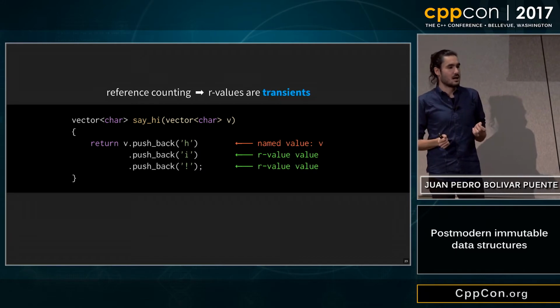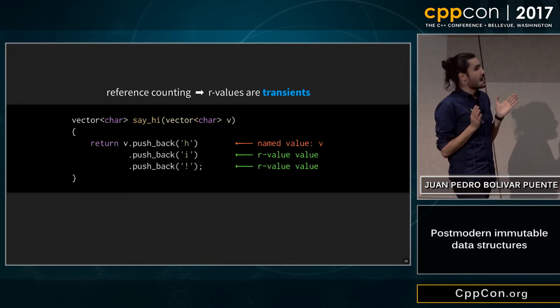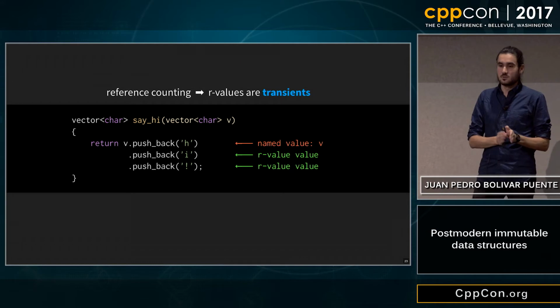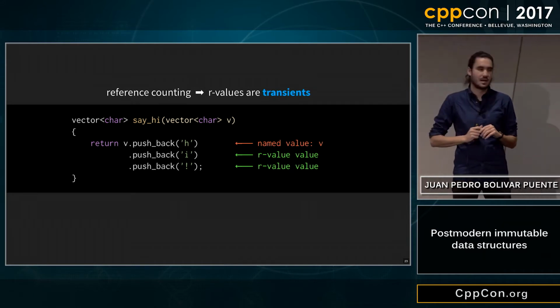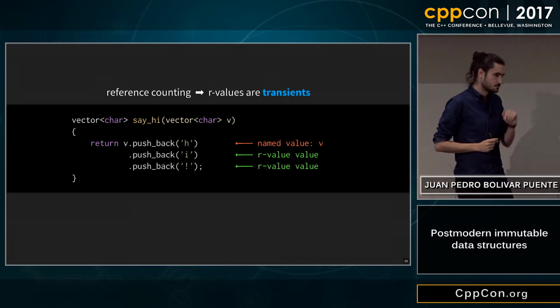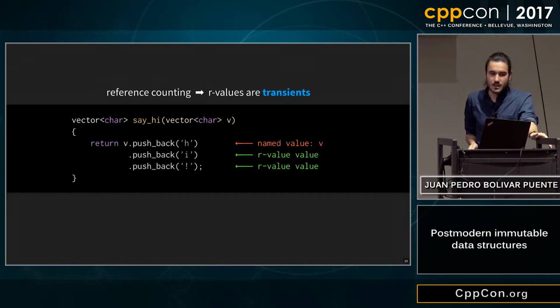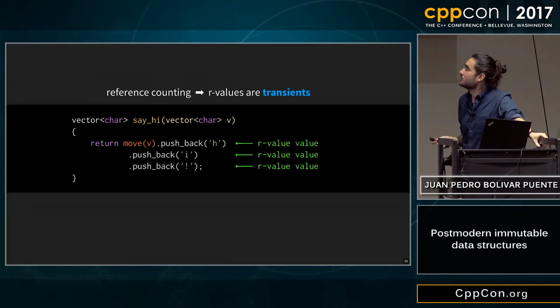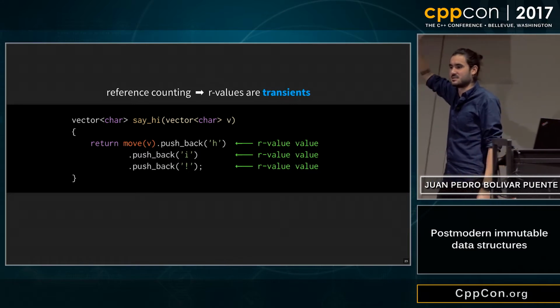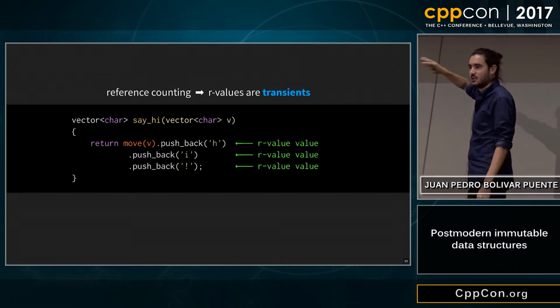That's why in this library, if you have reference counting, which is one of the things you can choose, actually you can choose other garbage collection strategies, rvalues are considered transients. And furthermore, this is very nice, because now we can go one step further and move v there, the input value, because we know it's the last time it's going to be used.